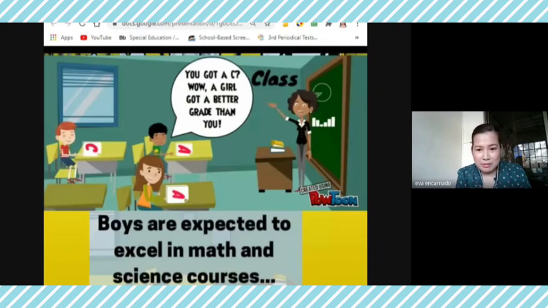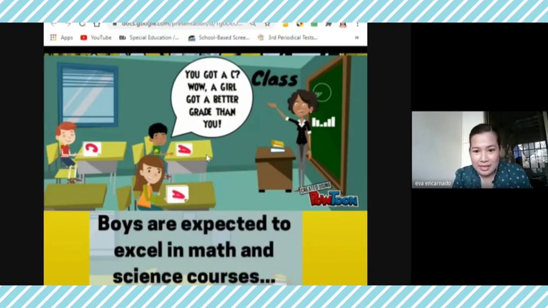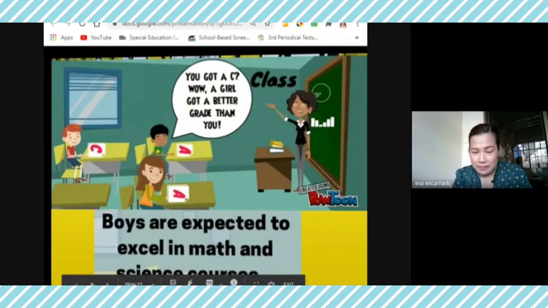Meron namang girls na magaling sa math at science, di ba? Opo. Okay, meron din namang boys na nag-excel sa English, tama ba? Opo. Sabi kasi nila, they believe na yung girls daw magaling sa English na subject. So, I believe also na meron din mga boys.